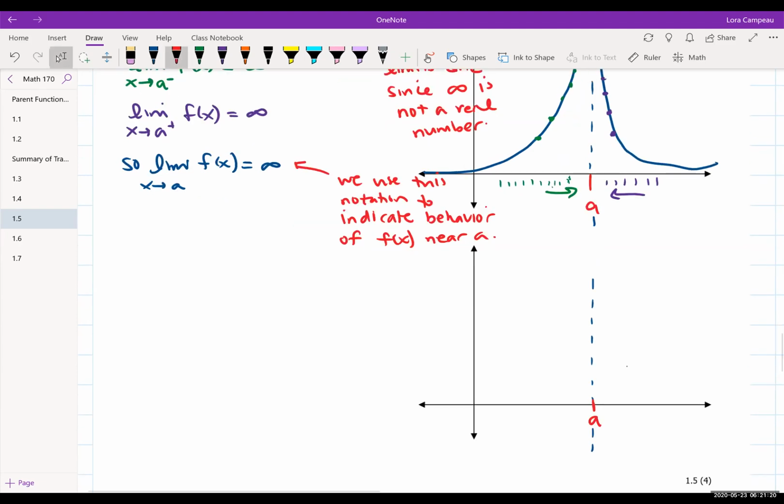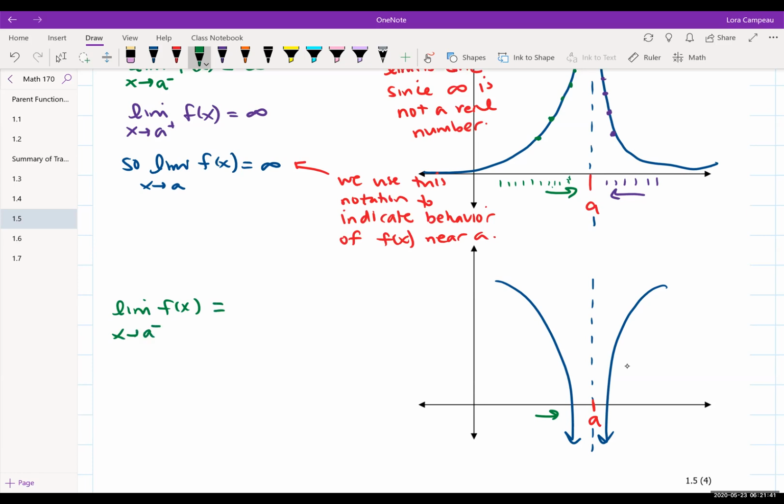So if I were to see another function, maybe it's a little backwards, reflected a bit. And again, if we're talking about coming from the left-hand side, we could say, another case, the limit of f of x as x approaches a from the left-hand side.